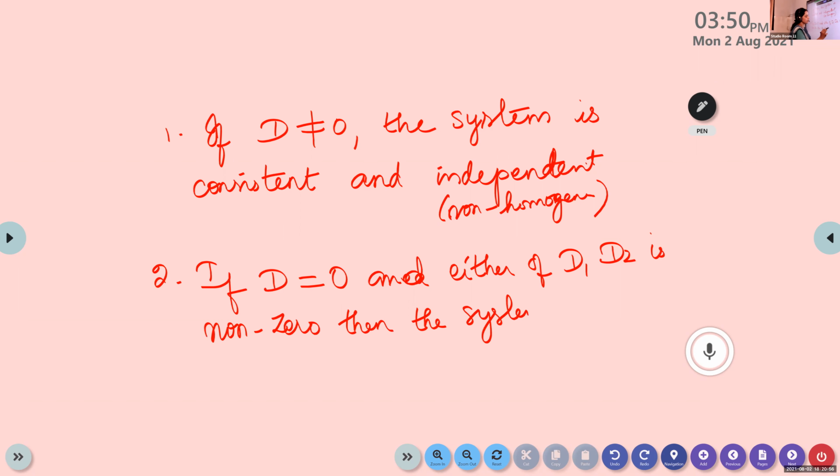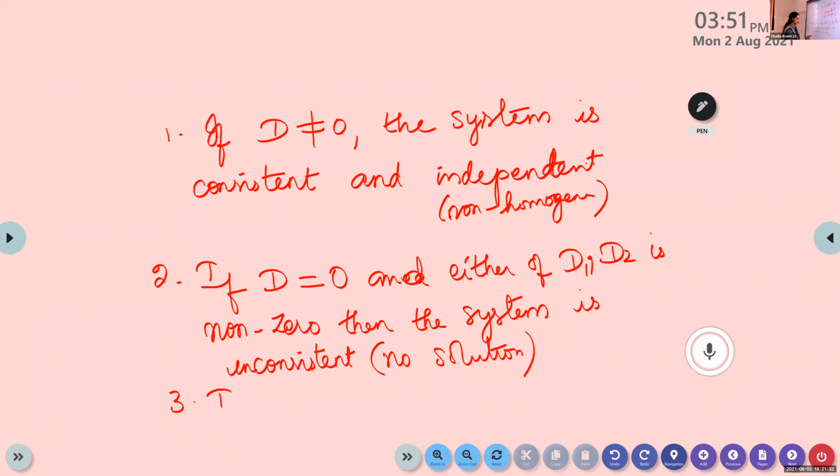What is meant by inconsistent? No solution. Suppose D1 may be 0, but D2 is not equal to 0. If either of D1 or D2 is non-zero, then the system is inconsistent. Inconsistent means the given equation has no solution.